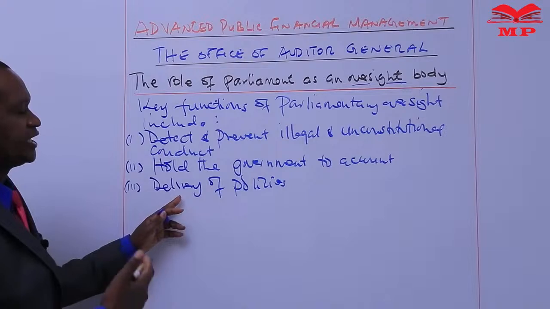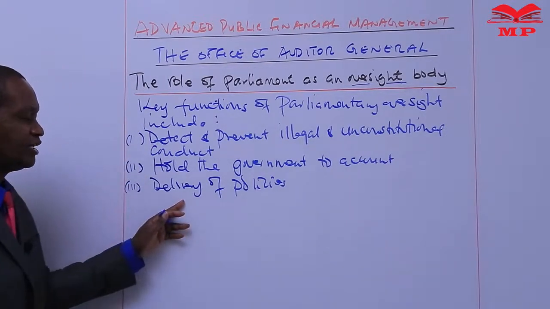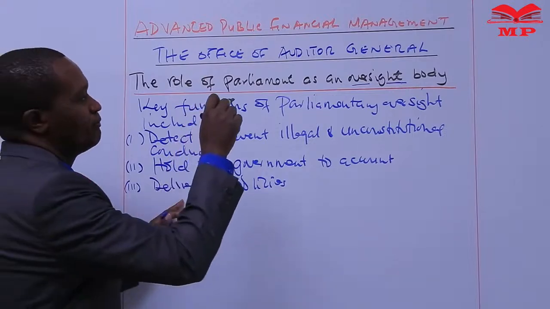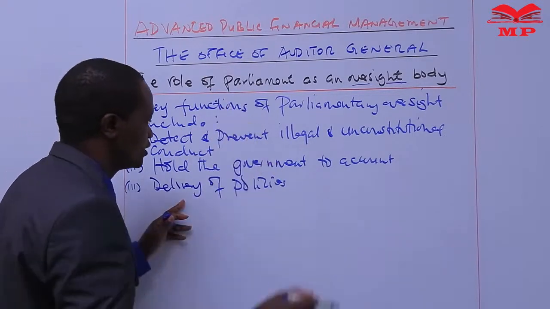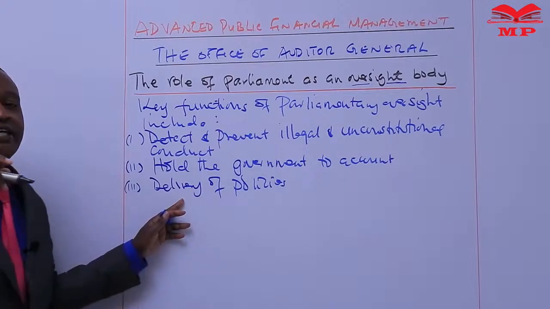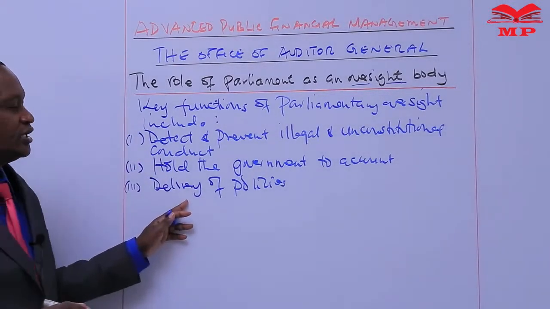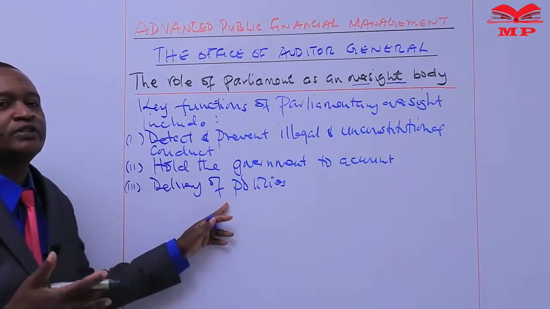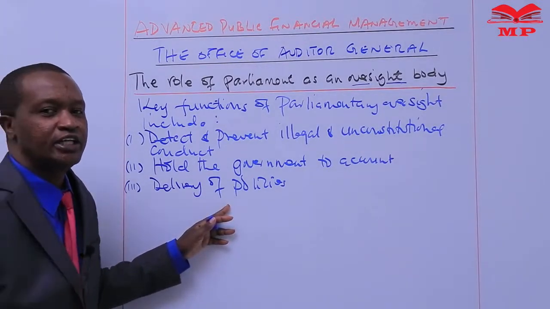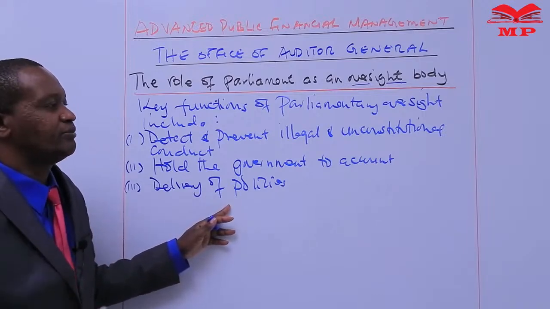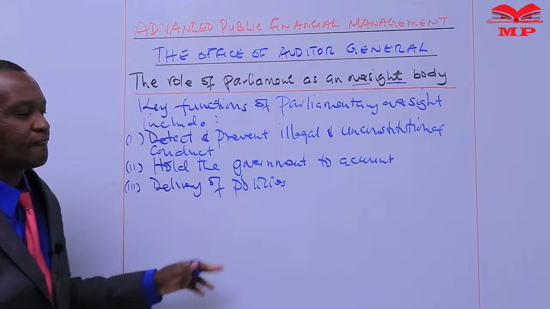The policies that are announced by the government and the policies that are authorized by parliament, it is a key function of parliamentary oversight to ensure that such policies are delivered, they are actually delivered. And this function includes monitoring the achievement of goals that are set by legislation and that are set by the government programs and so on.